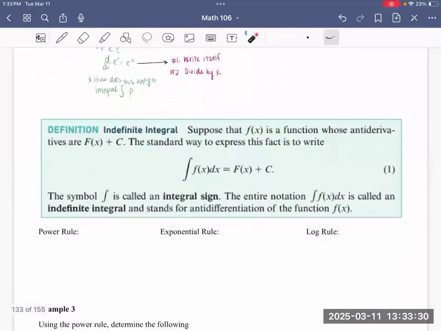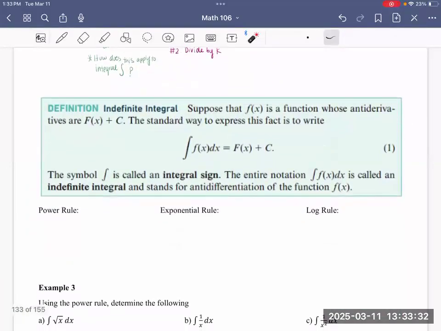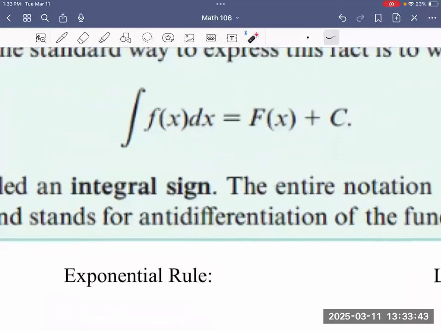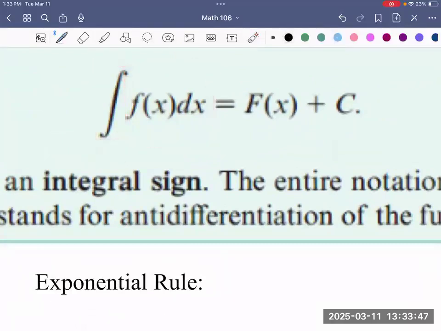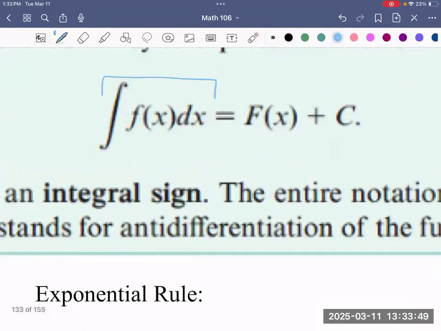So it says, suppose that f of x is a function whose antiderivatives are F of x, so that is your integral, plus c. The standard way to express this fact is given by this notation, the integral notation.